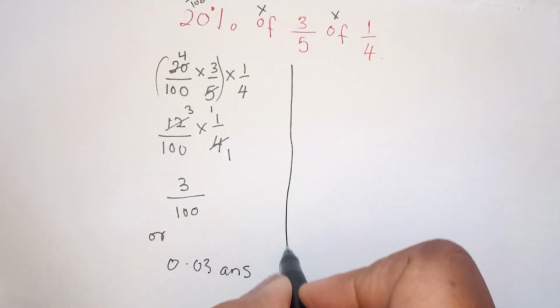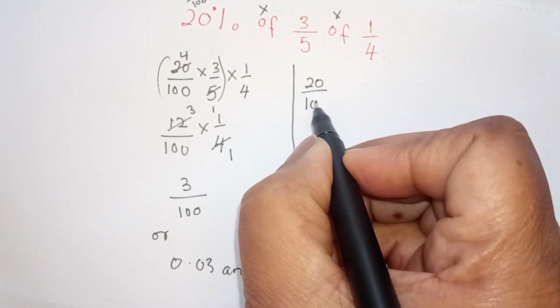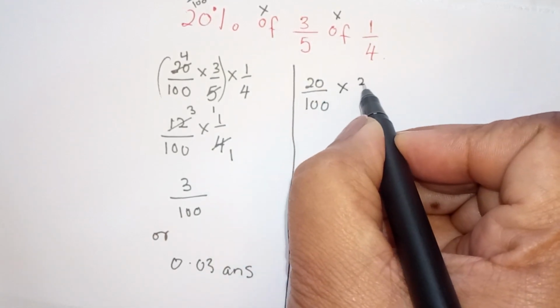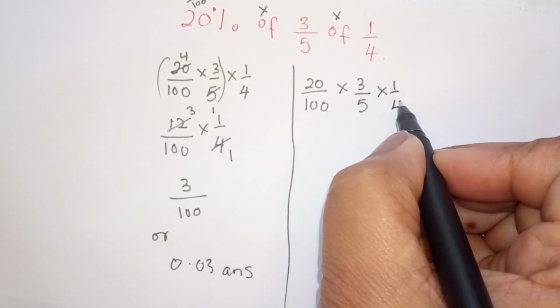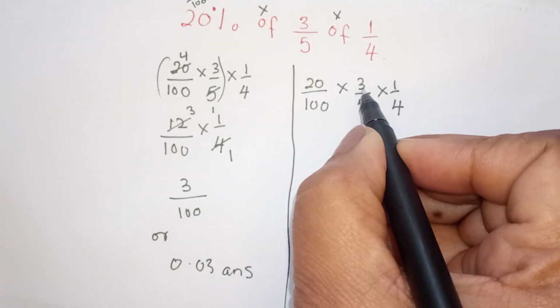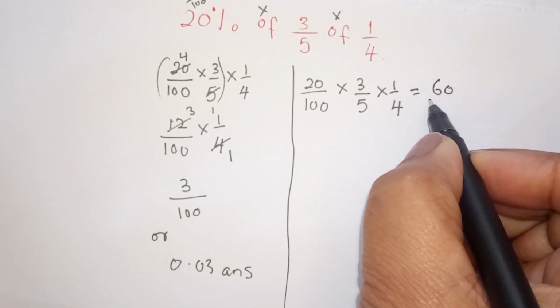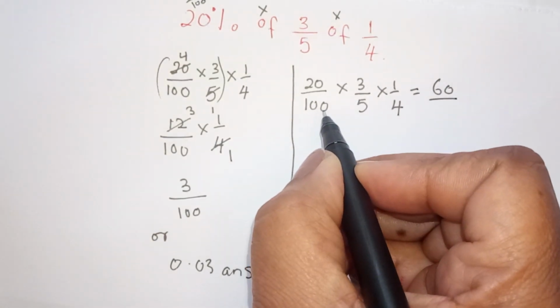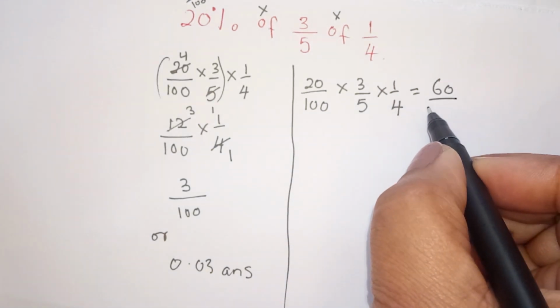We can also multiply it straight away. 20 over 100 multiply by 3 over 5 multiply by 1 over 4. Okay, so we say 20 by 3 is 60, by 1 is 60 over. 5 by 100 is 500, by 4 is 2000.